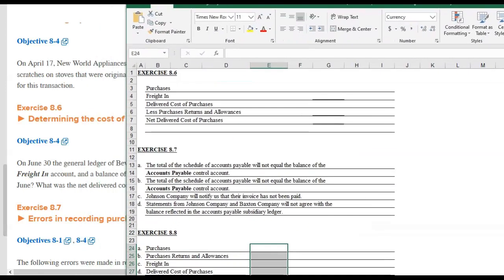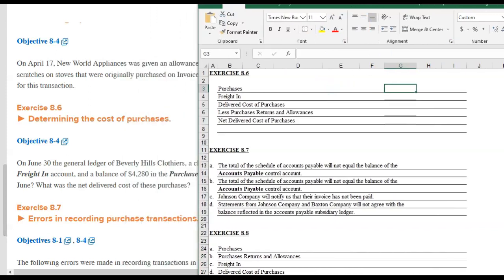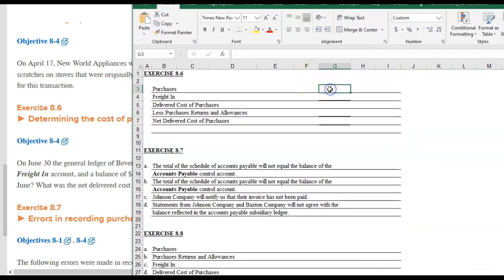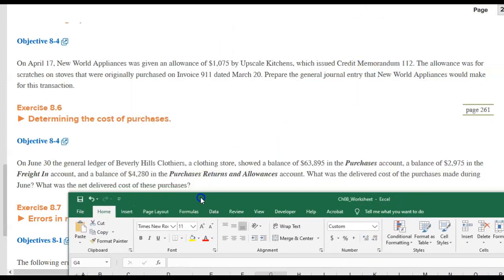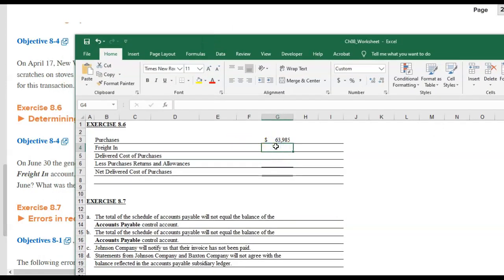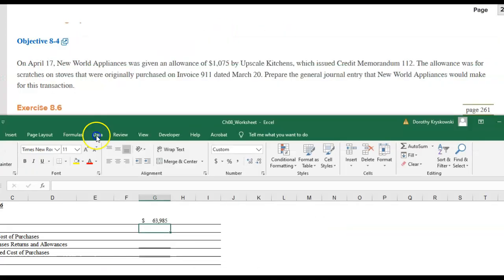Put into the equation. Okay, so our purchases, they said, was, look back at that, $63,895. So you're just going to put that in there. The freight in, they told you what the freight was, which was $4,280. No, that's not what it was.